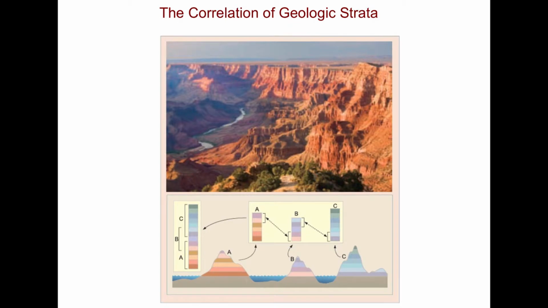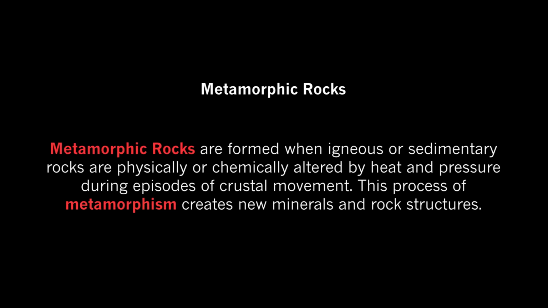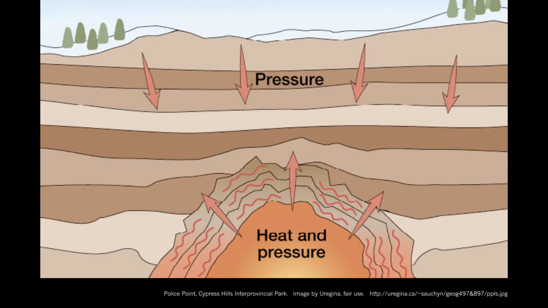And the third type of rock, metamorphic rock, formed from the metamorphosis or metamorphism of the other two types of rock to form new minerals and rock structures. And the metamorphosis occurs when these other rocks are chemically and physically altered by intense pressure and heat.